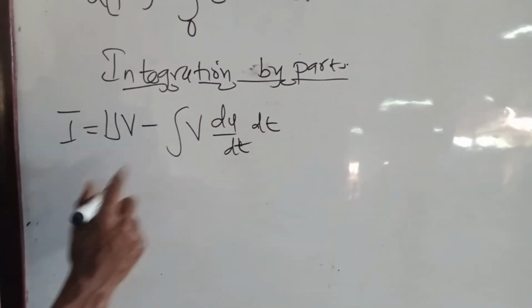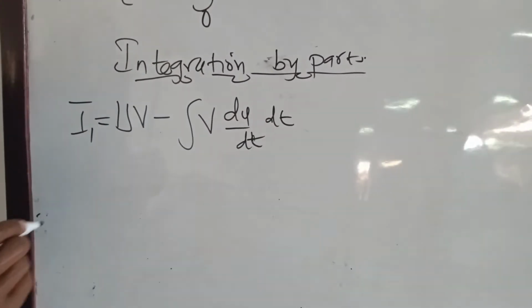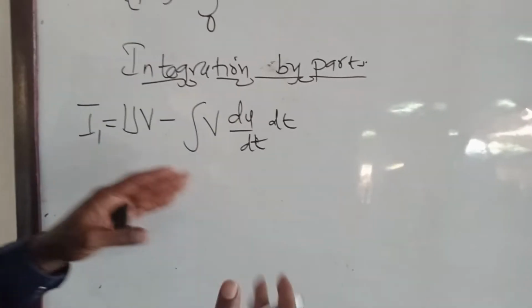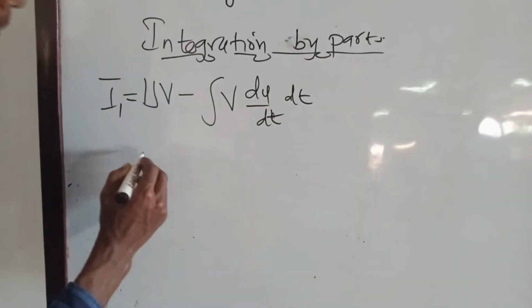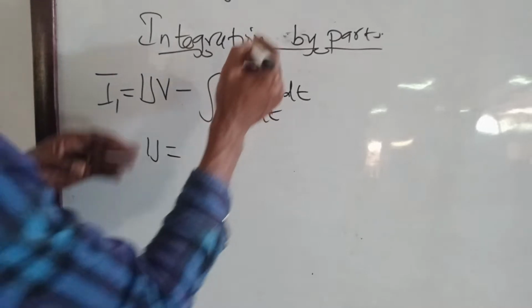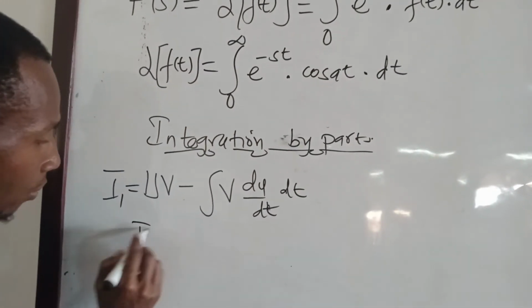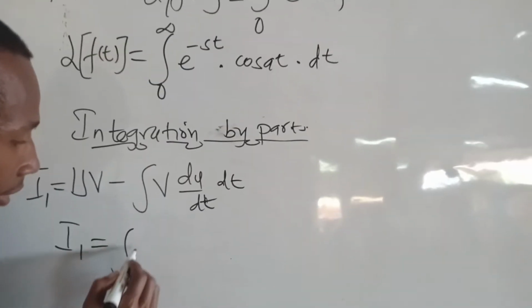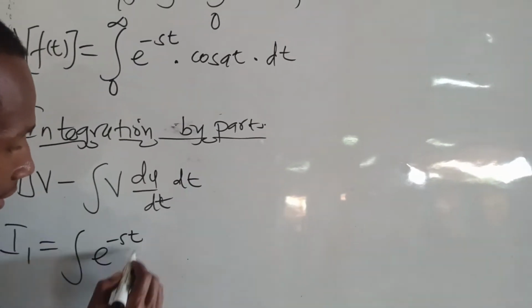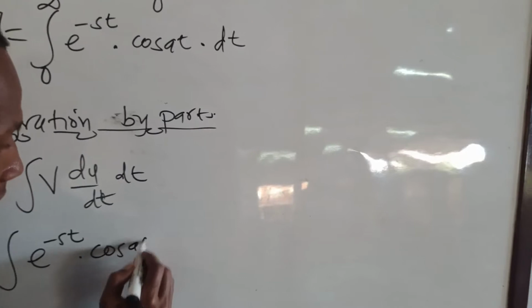Now we have it. But now we can call it I1, because we will have an I2. And now we say our u is this first part here. So I like to write first I1 is equal to the integral of e to the minus st cos at dt.